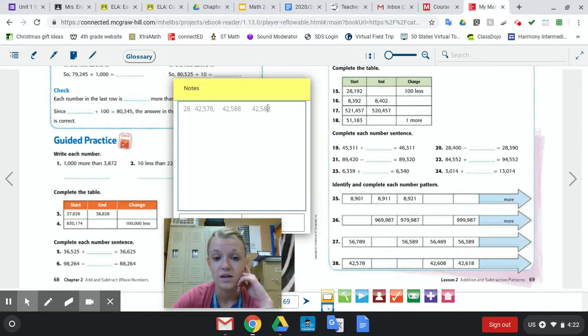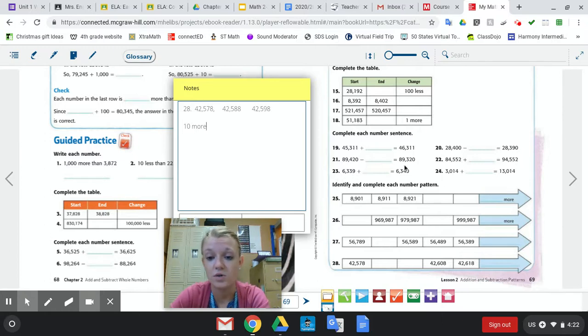So again, take the 10's place and make it one larger, so that would be a 9. So I filled in that, and then over in this blue arrow over here, you're going to write that it's 10 more.